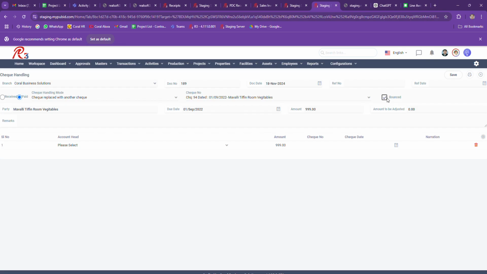Because if the check is bounced, the bank will charge some amount from both parties, the party who issued the check and maybe the party who received the check also. So that's why we need to mark it as a bounced check. If it is a bounced check, there may be other charges we have to enter here. So we may need to take charges from the customer.